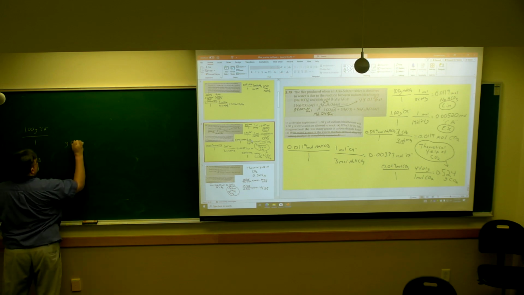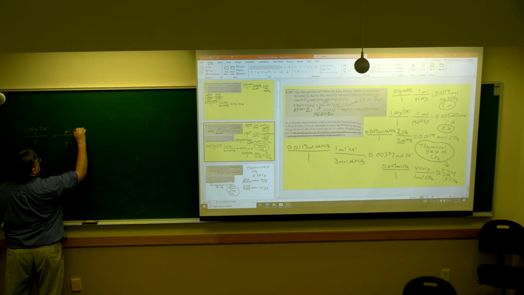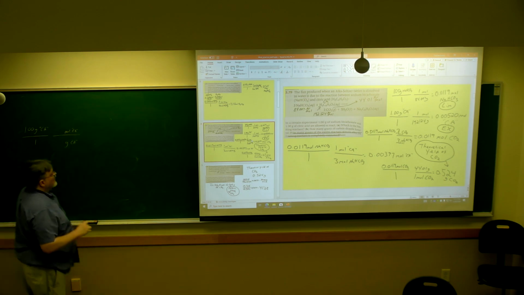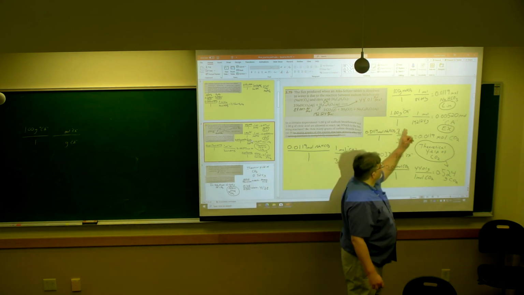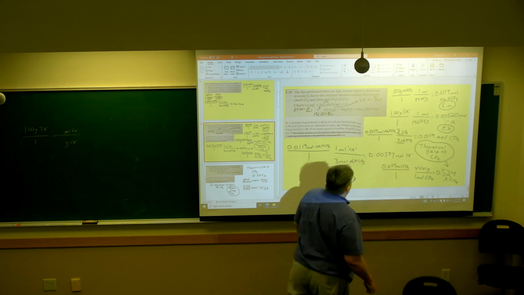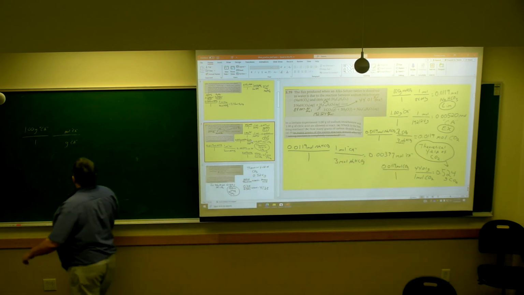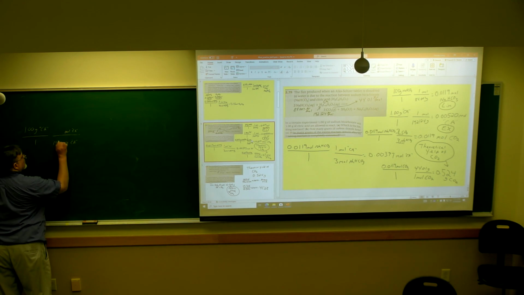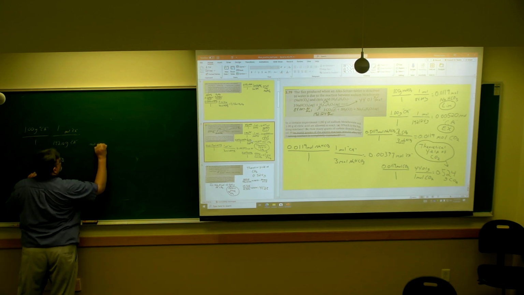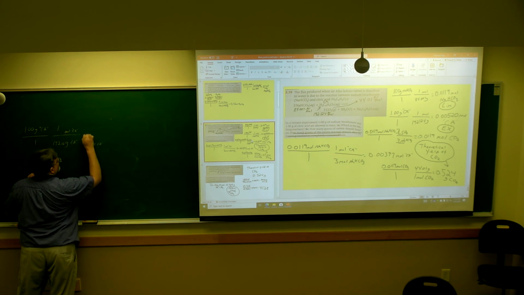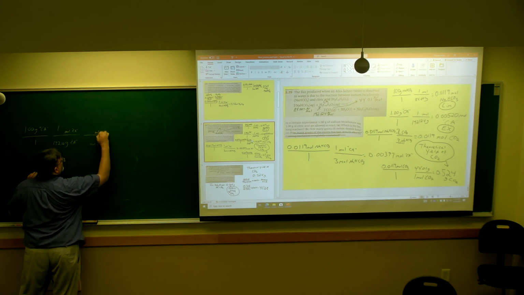Grams of citric acid to moles of citric acid. So we use 192.12 for one mole. Now we need moles of citric acid on the bottom.